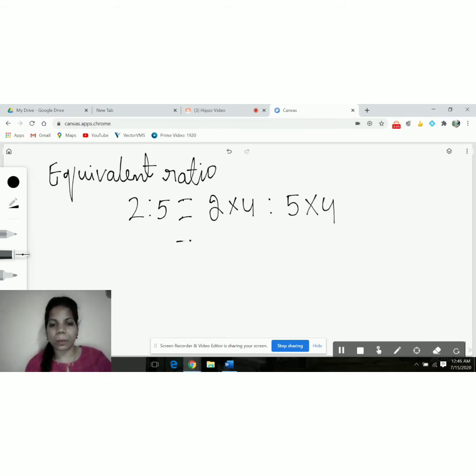Now 2 fours are 8 is to 5 fours are 20. So this is an equivalent ratio for 2 is to 5.